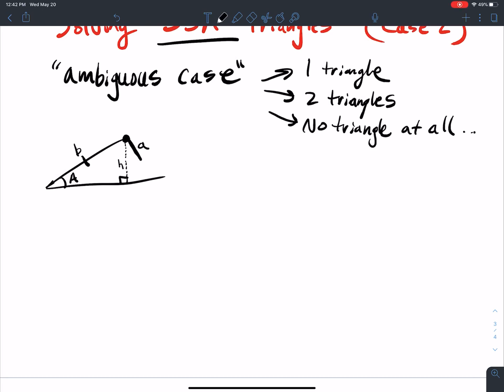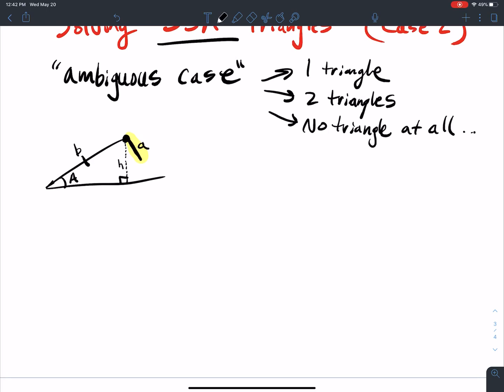So the key to determining how many triangles, if any, may be formed from the given information lies primarily with the relative size of A. If A is too small, then you can't form that triangle. So how do we find the relative size of A with respect to that height?